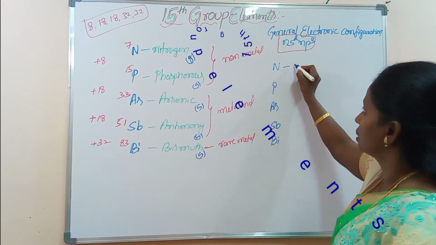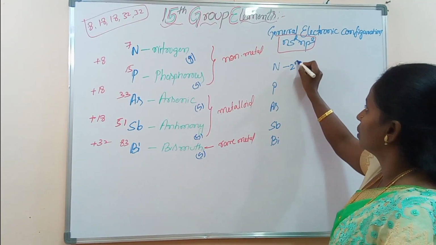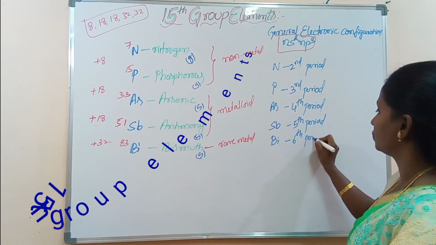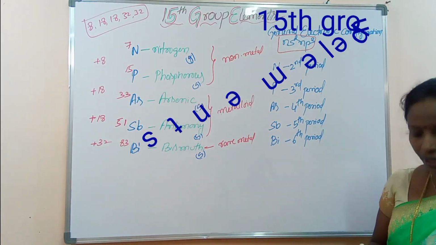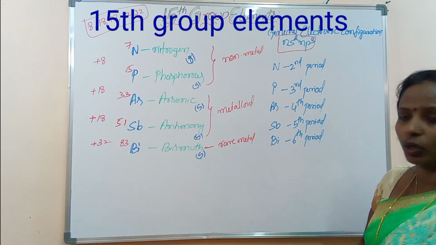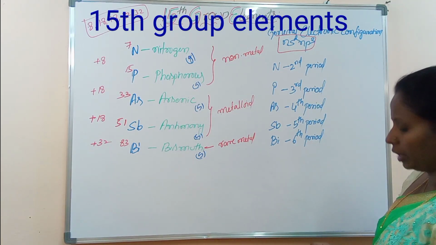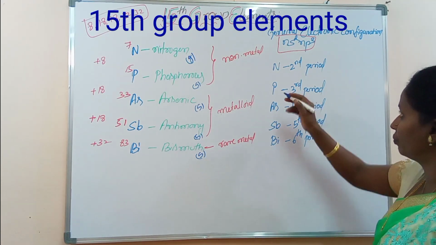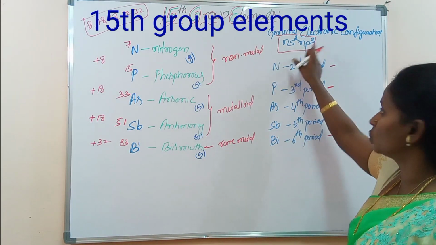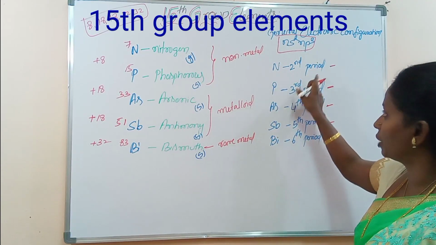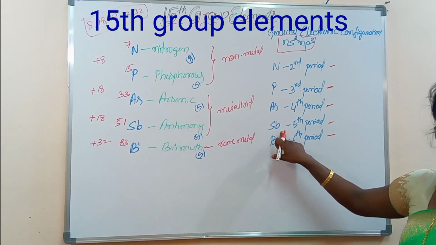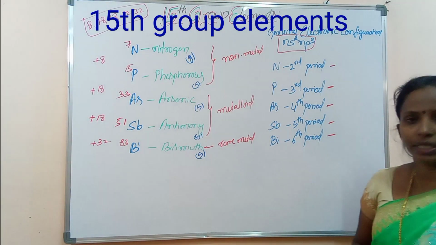Nitrogen is a second period element, and bismuth is a sixth period element. Here n is the principal quantum number. The general electronic configuration for the 15th group elements is ns2 np3. Nitrogen is a second period element, phosphorus is third period, arsenic is fourth period, antimony is fifth period, and bismuth is sixth period.